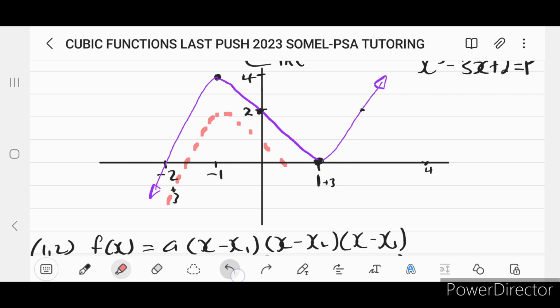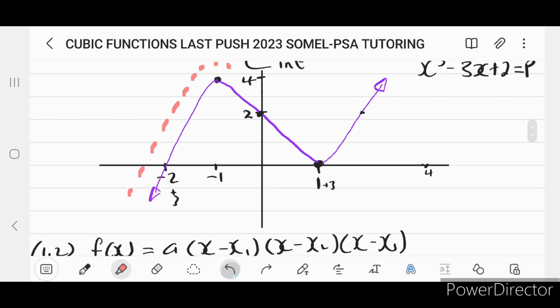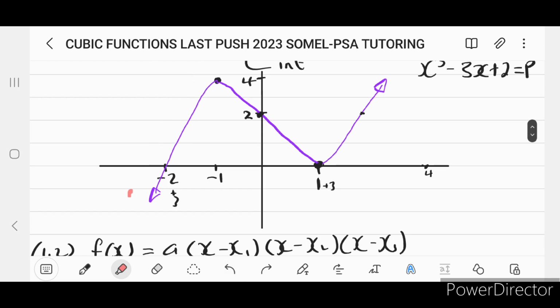But if I move this function up like this, I will only have 1 root, because this one will never touch the x-axis again. So for me to have 1 root, I must move this function upwards, and then we'll come to the other one.